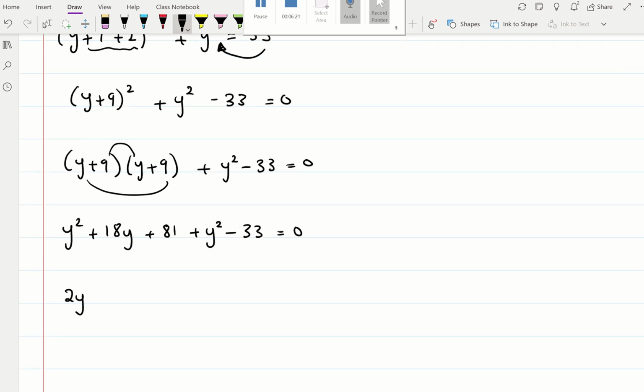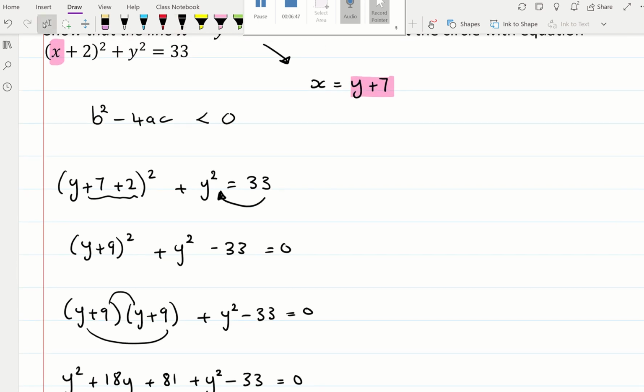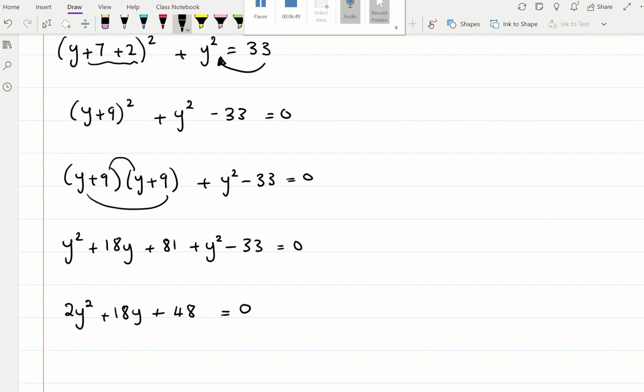So I've got 2y squared, and then I've got plus 18y, and then I've got 81 minus 33, which is a positive 48, and that equals 0. Now I can divide everything by 2, but I don't intend to factorize. I intend to put it into the discriminant to check.